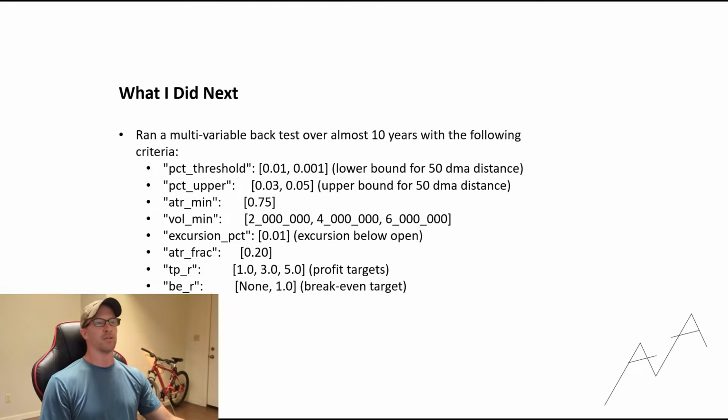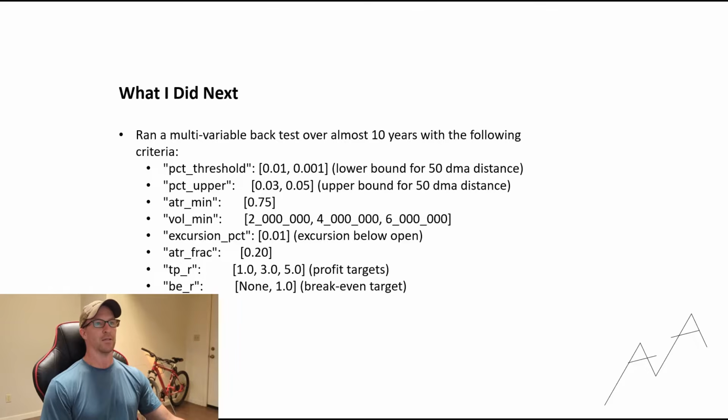The ATR minimum, I'm trying to weed out small range stocks, so 75 cents of average daily ATR. Volume in, that's just the 30-day volume average of either 2, 4, or 6 million. The excursion percentage is the amount below the open, right?